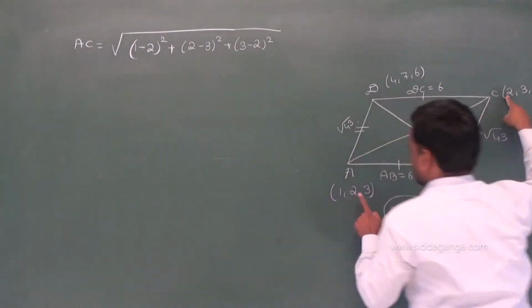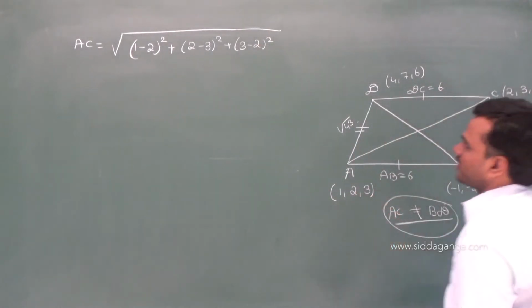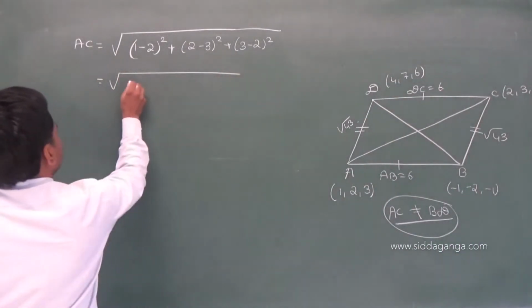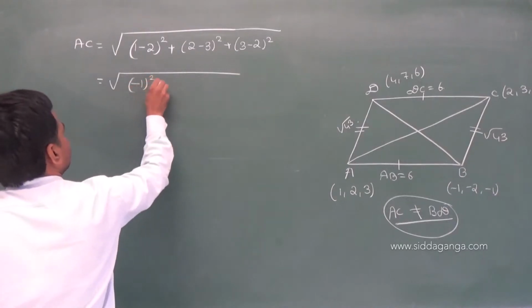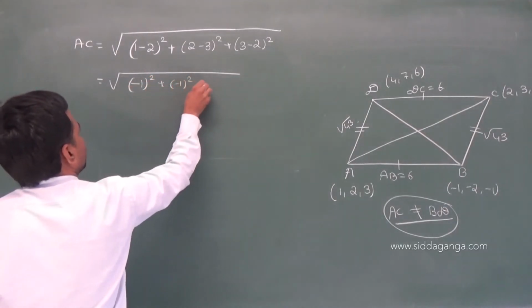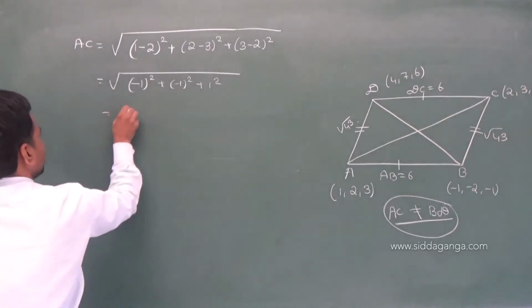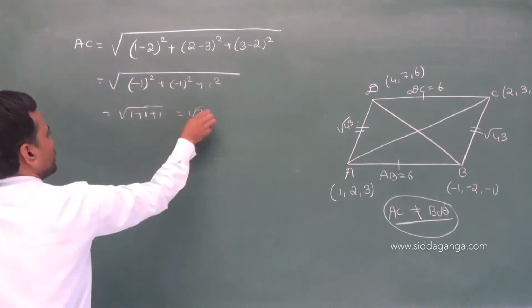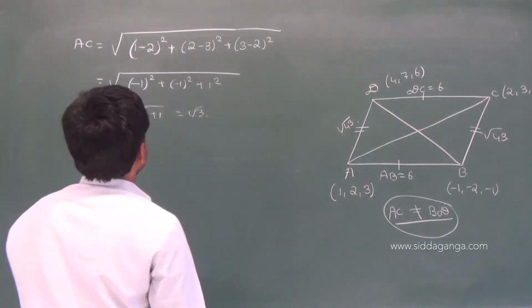Calculate it. 1 minus 2 whole square is minus 1 whole square, plus 1 square. It is 1 plus 1 plus 1. It is root 3. Diagonal AC is root 3.